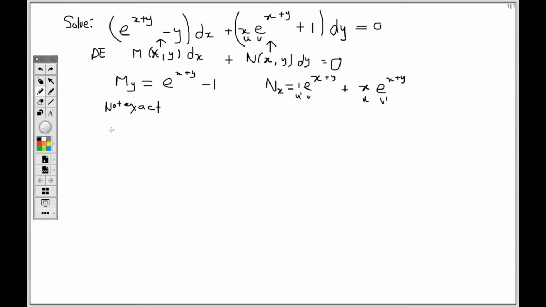Now this is not exact since M_y is not equal to N_x. So what I will have to do is find an integrating factor.